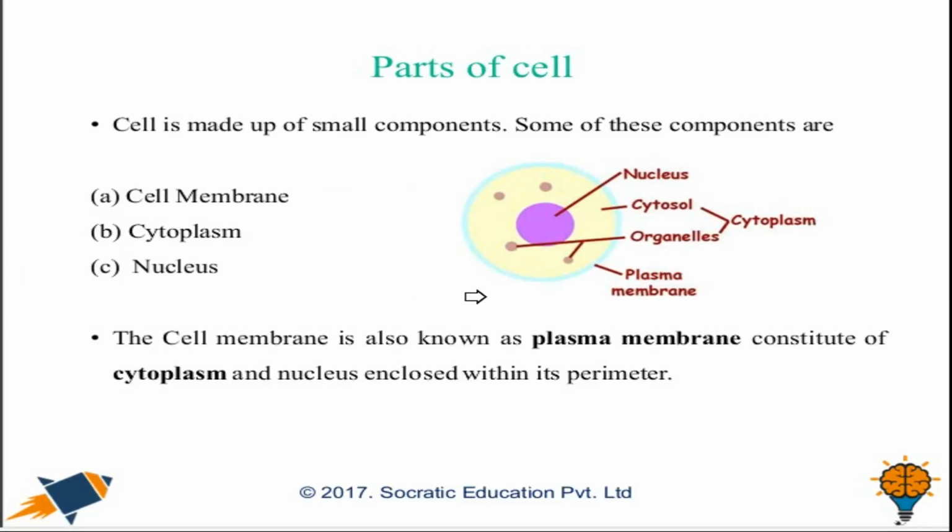Moving ahead, you can see the structure of a cell on the right hand side, and the three main components of a cell are cell membrane, cytoplasm and nucleus.